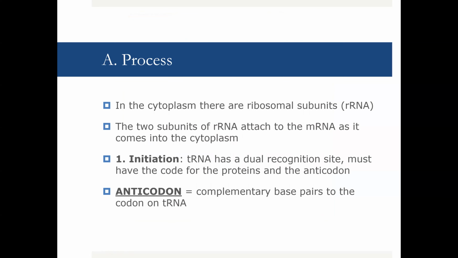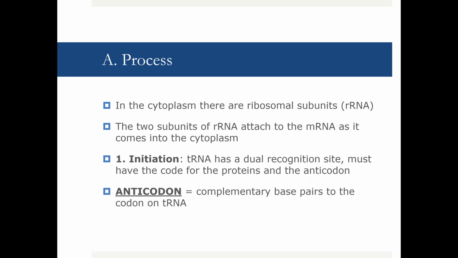And so we're just getting down here. In the process, there are ribosomal subunits, ribosomal RNA, okay? They attach to the mRNA and come in. We have an initiation phase, okay? tRNA has a dual recognition state. It must recognize the messenger RNA, so it has an anticodon.